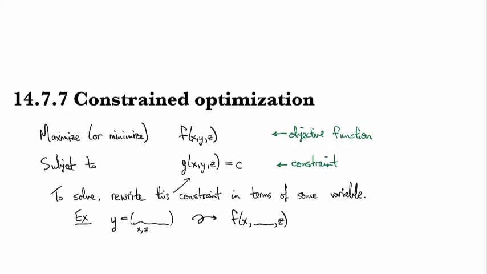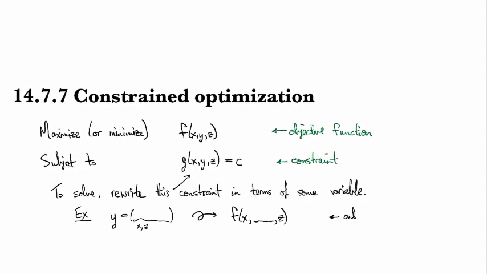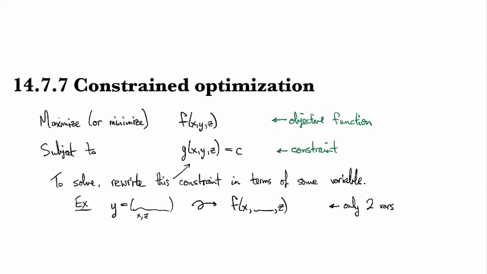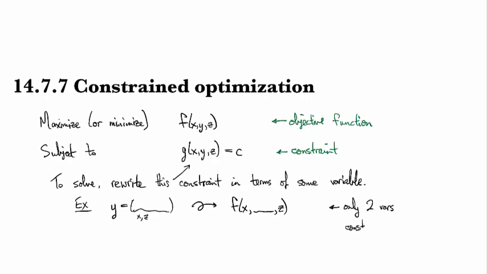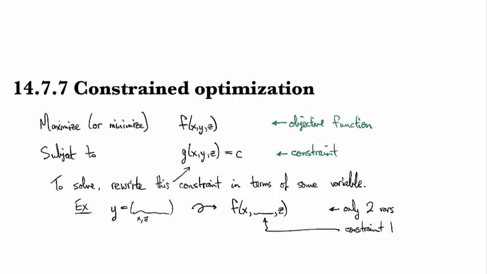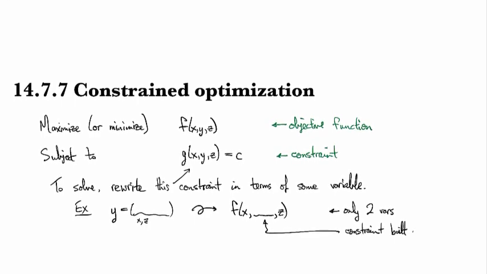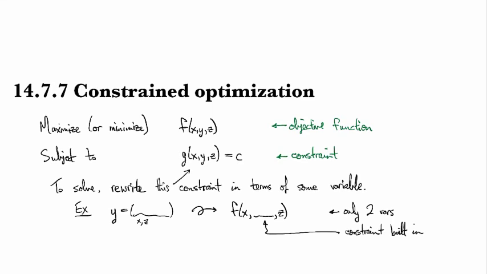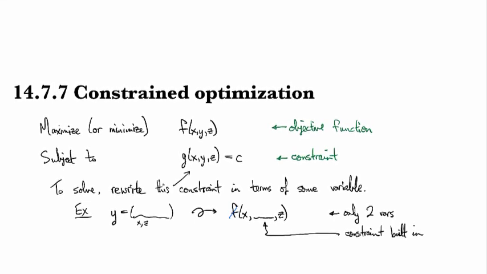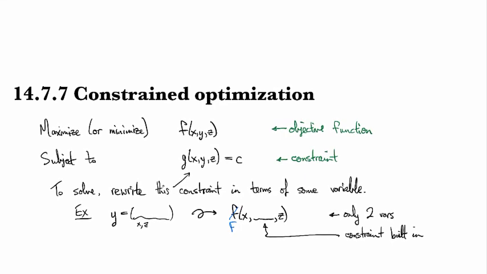And so now we've reduced it, and it's only a function of two variables, and the constraint is built in to this new function. And in fact, we might rename this as some different function to indicate that it's being constrained.